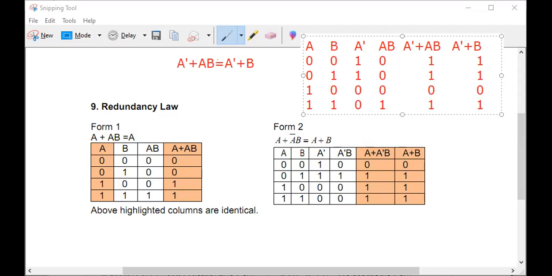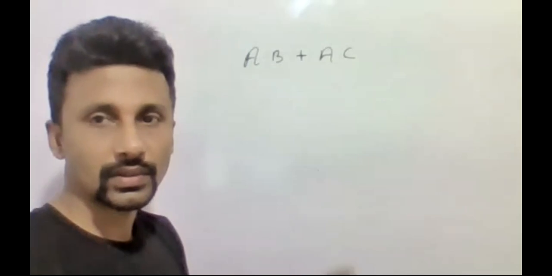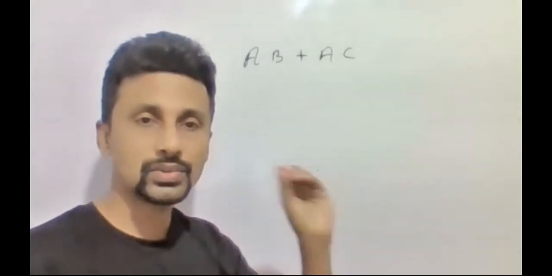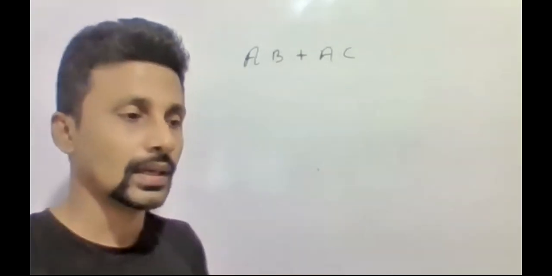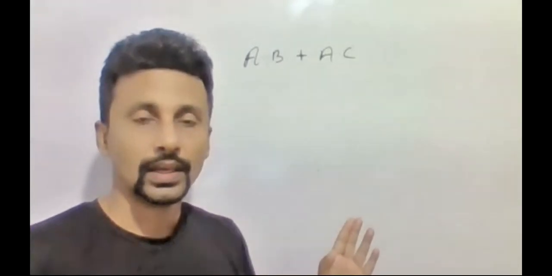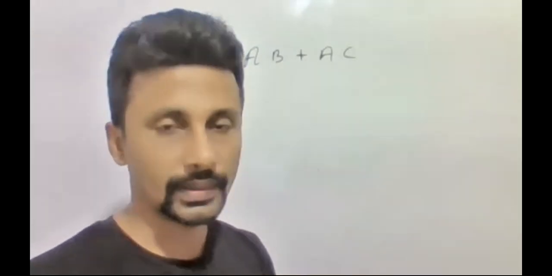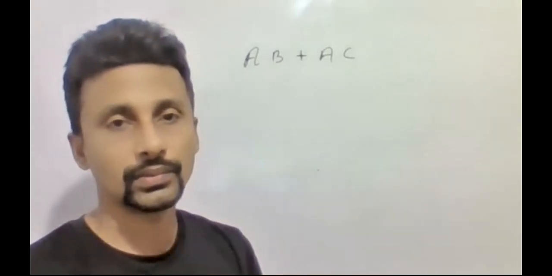We'll go back to the earlier question, which was A dot B plus A dot C. I had to show it with universal gates. We did it with 7 NAND gates. After drawing, we cut the repeating ones, and then it came to only 3 NAND gates, right?